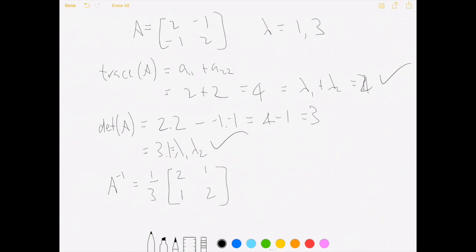And we don't need to directly work out what the eigenvalues of that matrix are, because we know what they are for A. So the eigenvalues of this inverse matrix are going to be lambda 1 equals 1 over 1, so that's 1, and lambda 2 is just going to be 1 over 3, and we leave it at that.